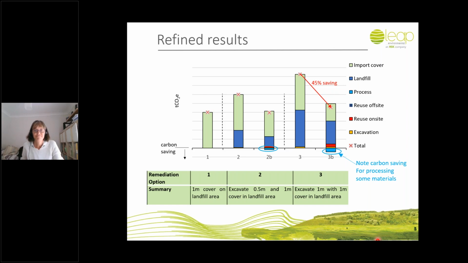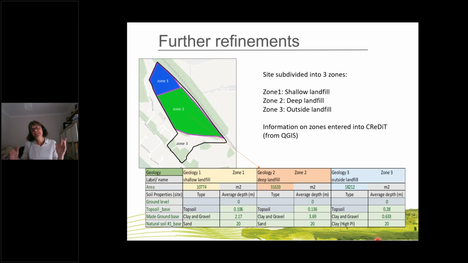So it was very odd to put in carbon factors with negative numbers rather than positive. And this is just pure what the data's telling you. If we move on again, I should say that was a very simplistic view. When we actually run it properly, it looks more like this. We zoned our site.